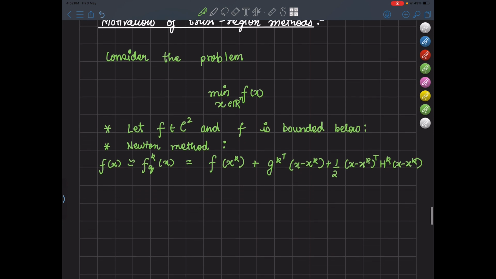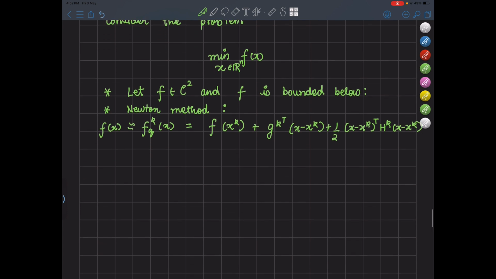So this is the quadratic approximation that the Newton method uses, and xk plus 1 is the minimizer of fqk(x). So in the Newton method, we take this quadratic approximation, find the minimum point, and take that as xk plus 1.